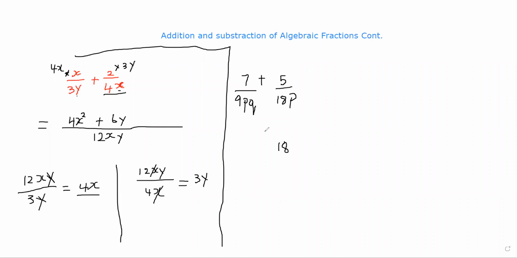We're dealing with a P and we're dealing with a Q. These are two letters you see, P and Q, so it could be PQ. It doesn't matter how much P or how much Q. Once you see P and you see Q, just put PQ. So it's 18PQ. Everybody get it clear? Yes, sir. Good.